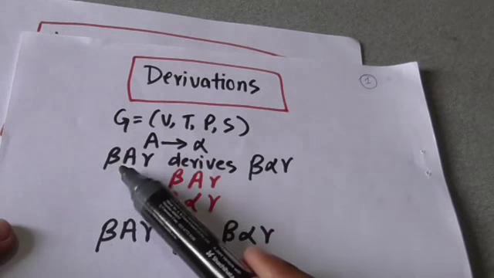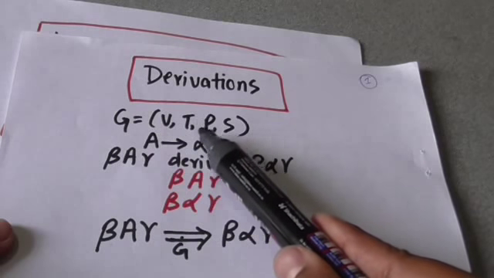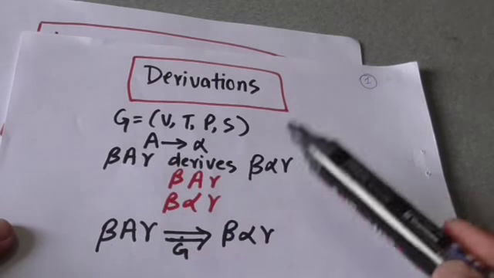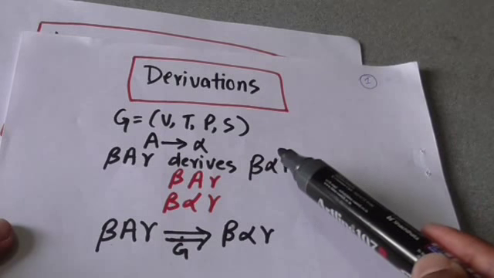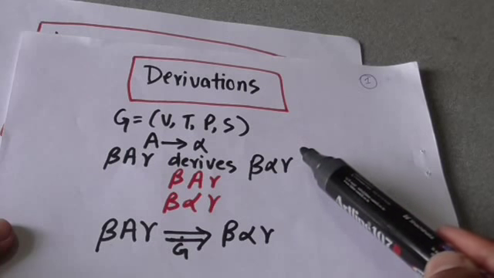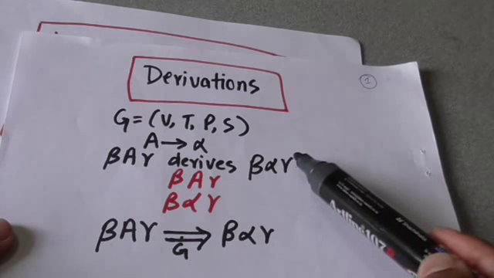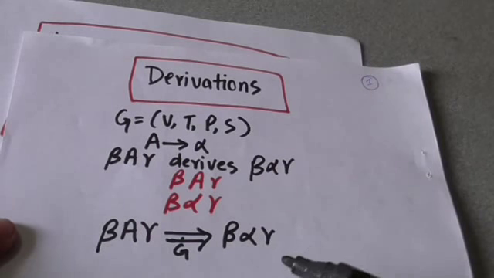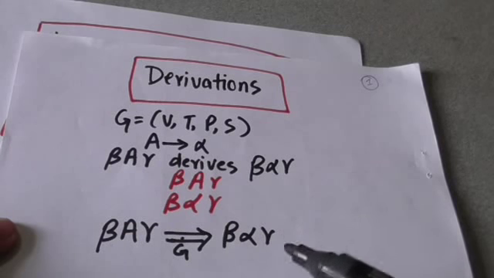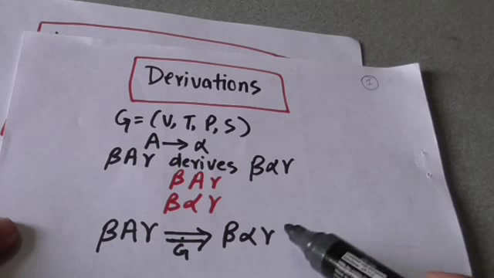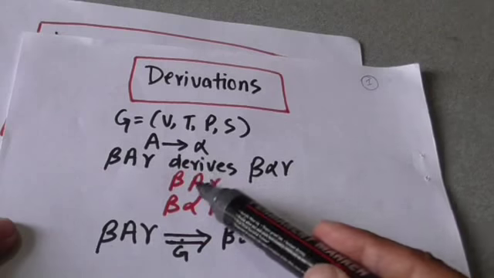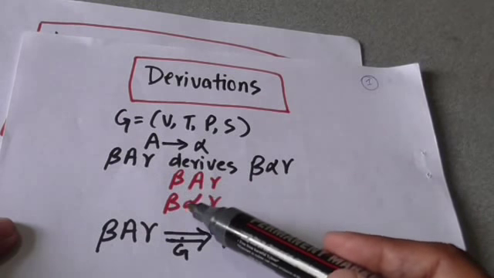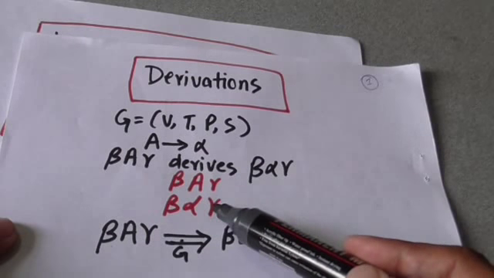It means we have applied the production rule A derives alpha and get a string beta alpha gamma, right? So we can say beta A gamma directly derives beta alpha gamma.